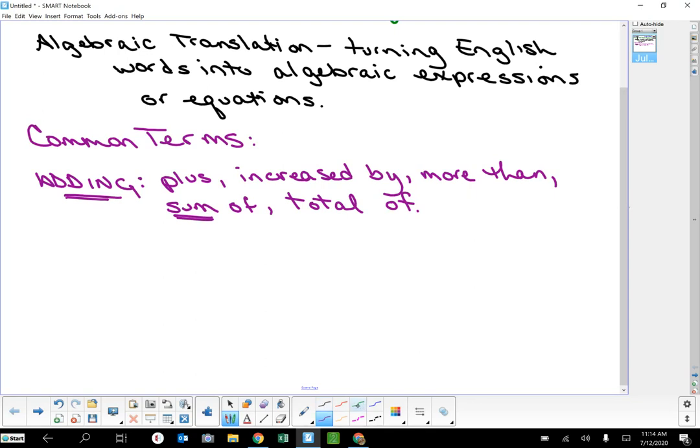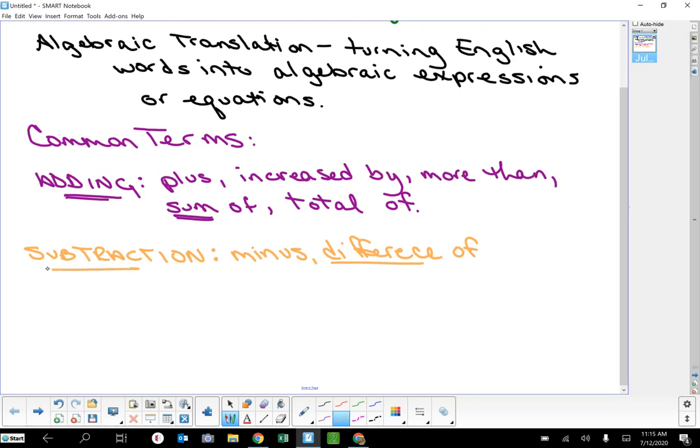Here is a list for subtraction. This is minus. That one's pretty obvious. Difference of. Remember that a difference means subtract. Decreased by.